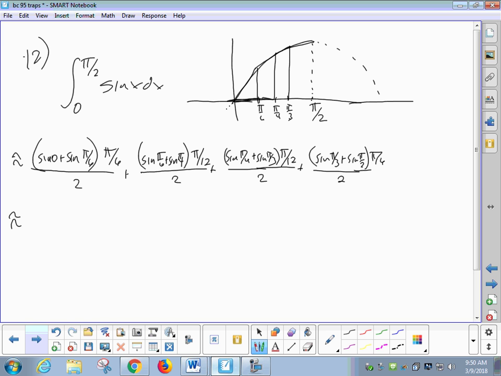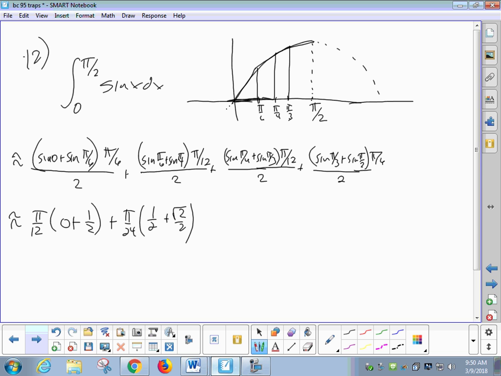What's sine of 0? 0, and sine of pi over 6? 1/2. So I'll say maybe pi over 12 if I put the fractions together times 0 plus 1/2. Pi over 24 times, what's sine of pi over 6? It's still 1/2. What's sine of pi over 4?